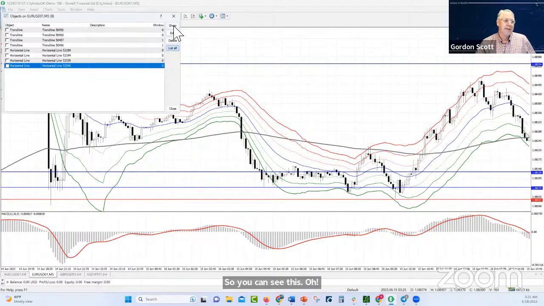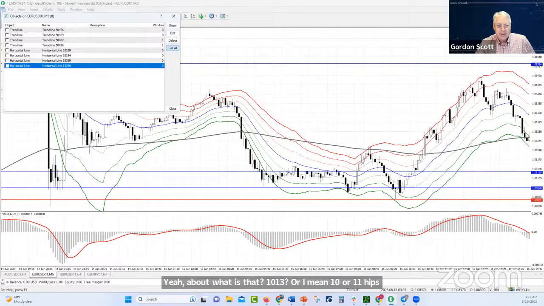Yes, I got it. Okay. So if here I made the entry and then down here, that's where I want to put the stop. You can see that I've got myself set up for about what is that, 10 or 11 pips, right?